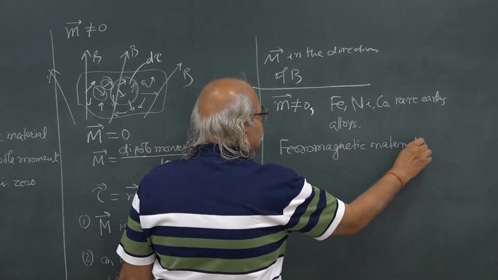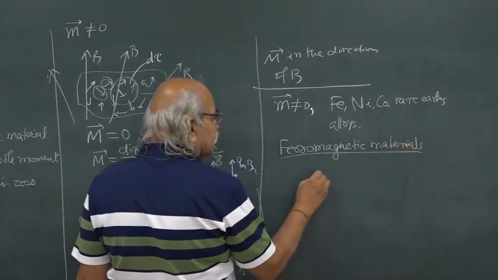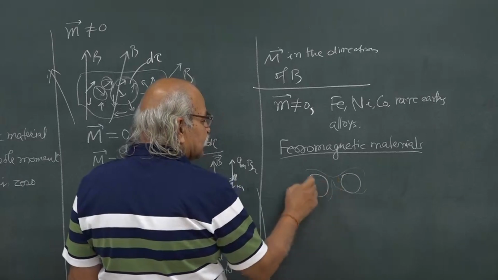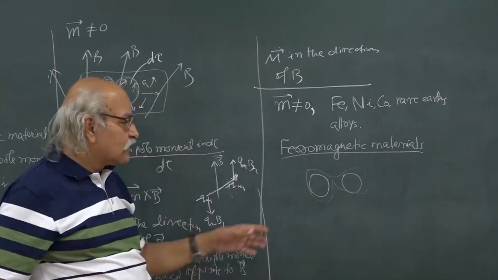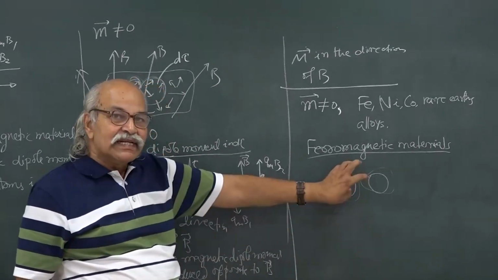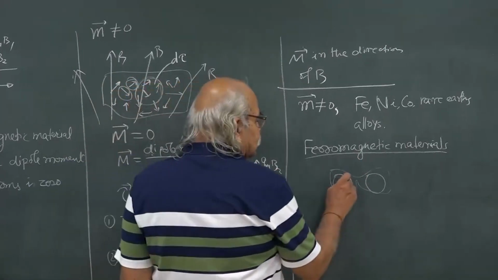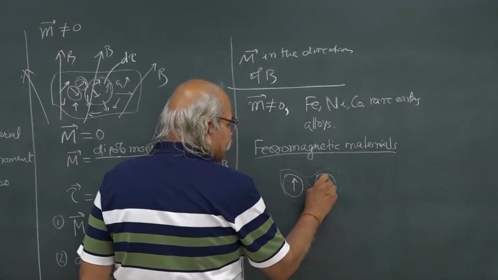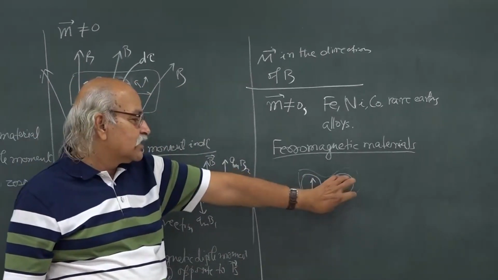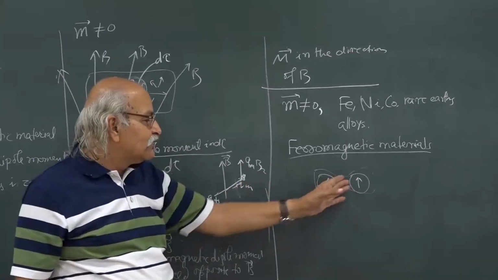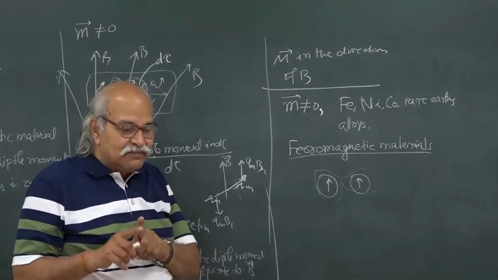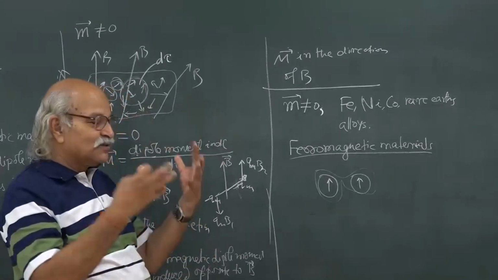In ferromagnetic materials, what happens is, if you have an atom here and the neighboring atom is here, then you have electrons which are shared or common or interacting with both the atoms. So, the interaction is such that the atoms by themselves prefer this kind of orientation. Even if it is in some other orientation, in almost no time they will align with the neighbor, and not just one neighbor, but lots of neighbors.